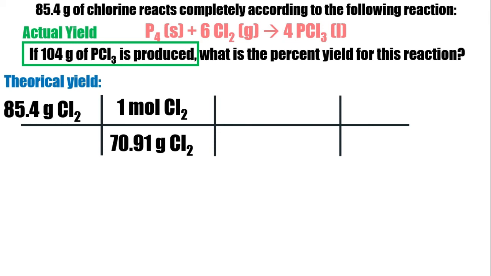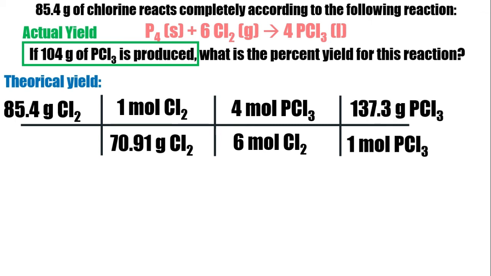Since we have the moles of chlorine, we need to use the mole ratio from the balanced chemical equation. Remember, it's important to balance the equation first because this will basically determine your mole ratio. Then we will have 4:6. Okay, don't simplify it yet.